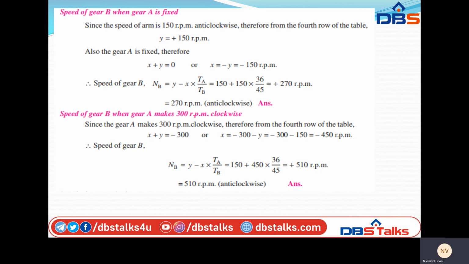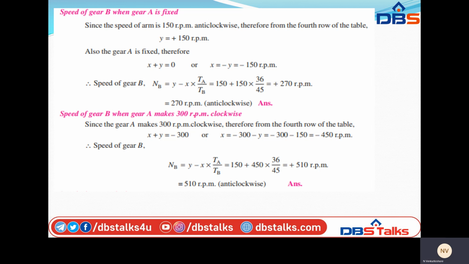We need to find the speed of gear B. So since the speed of the arm is 150 rpm in the anti-clockwise direction, therefore the fourth row of the table, that is arm C, is related to plus y revolutions.